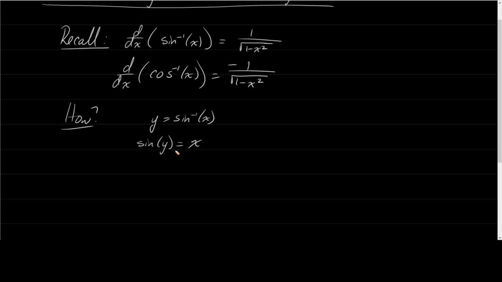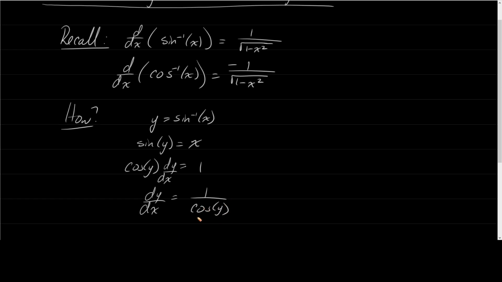If I take the derivative of both sides, on the right side, the derivative of x is just 1. On the left side, the derivative of sine of y would be cosine of y times dy dx by implicit differentiation. From there, we would then say that dy dx is equal to 1 over cosine of y.